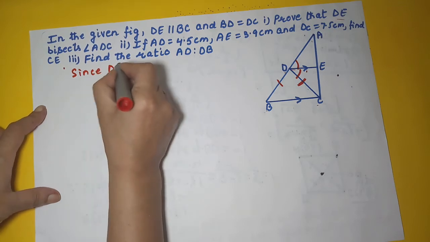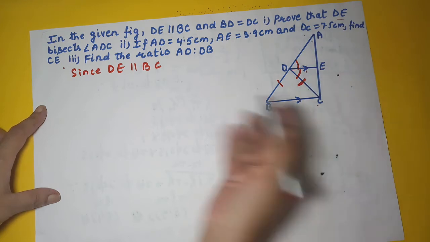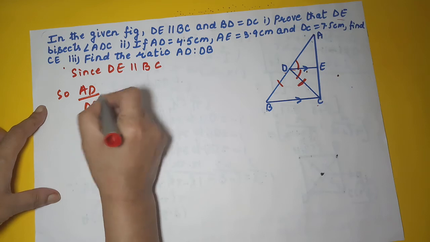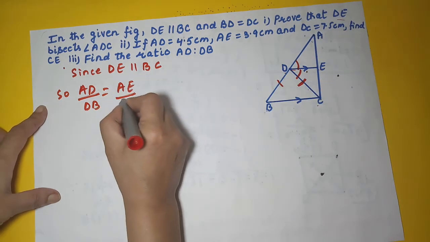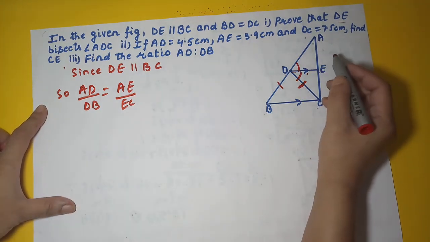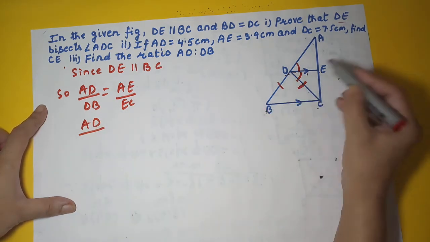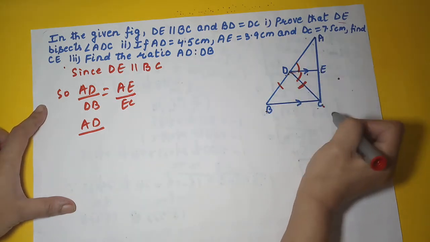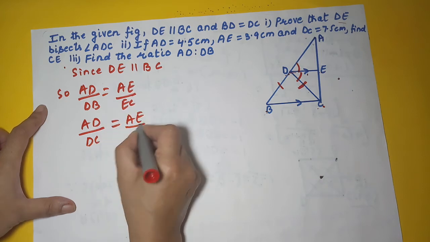Since DE is parallel to BC, can we apply BPT here? Yes. So AD upon DB is equal to AE upon EC. Now, he has given us that BD is equal to DC, so in place of BD I write DC: AD upon DC is equal to AE upon EC.